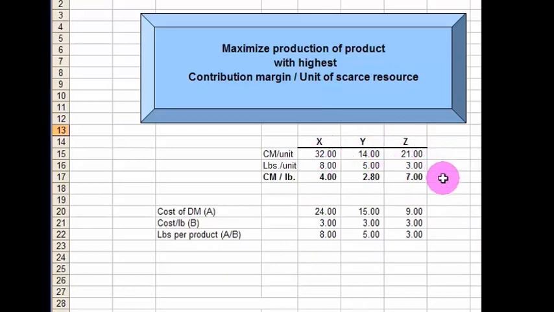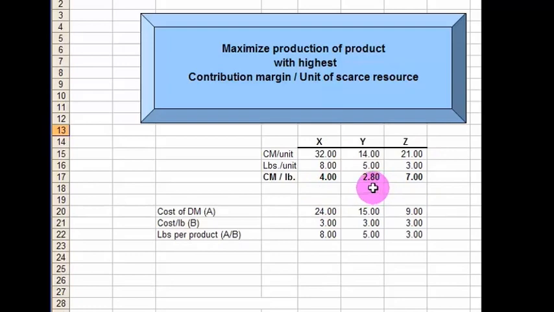I've just filled these in directly from the problem, and you can see that the contribution margin per pound of raw materials is $4 for product X, $2.80 for Y, and $7 for Z. So what this tells us, the answer to the problem is, first the company should fill all orders for product Z. If there's unending demand, it should produce only product Z. But if there is some limitation to demand, it should produce as much Z as it can, and then it would switch to X, and then it would switch to Y. And filling orders in that way will maximize the company's profit.